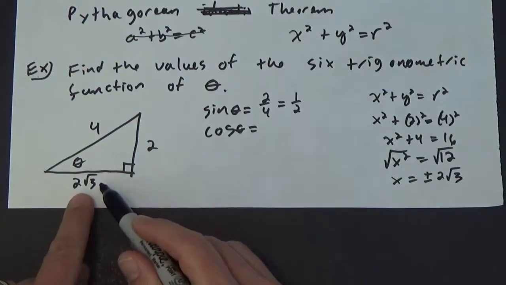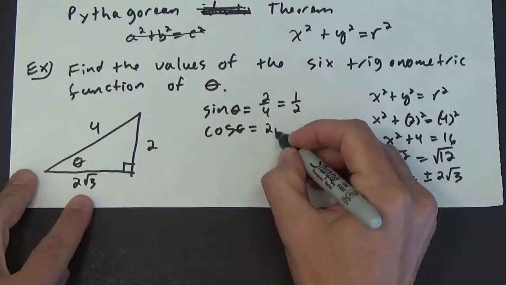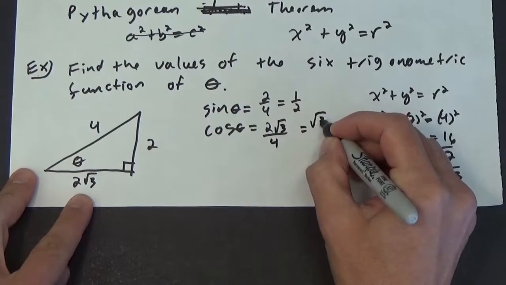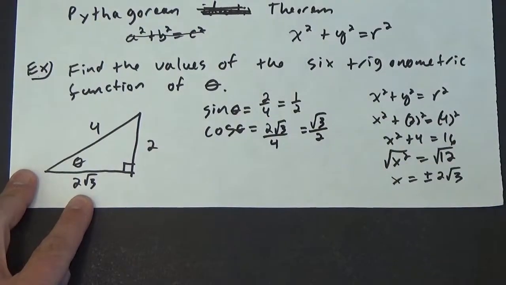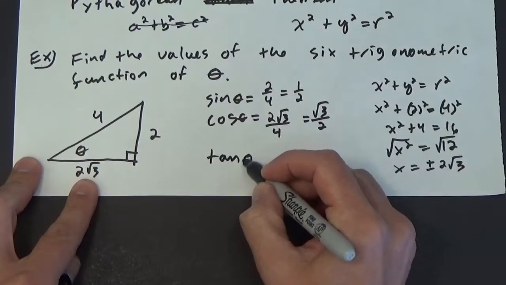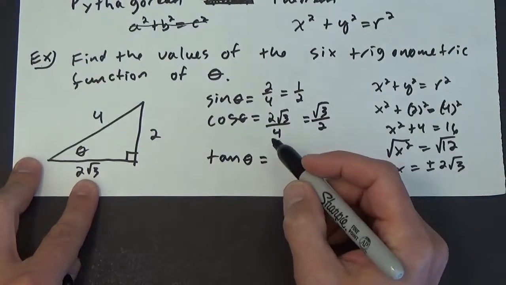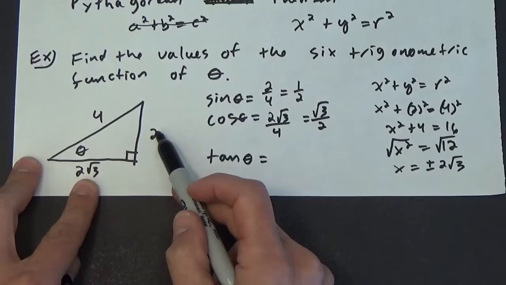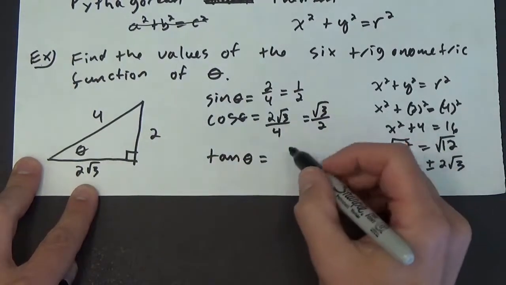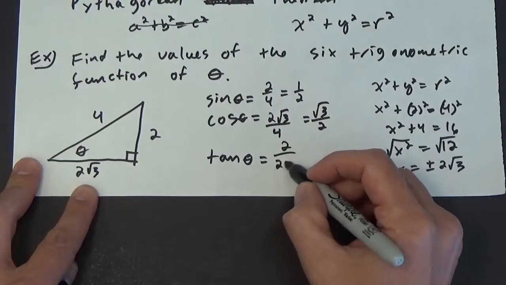Okay, so now the cosine of theta is 2 times the square root of 3 over 4, which is the square root of 3 over 2. The tangent of theta is the opposite over the adjacent, or y over x, and so that's 2 over 2 square root of 3.